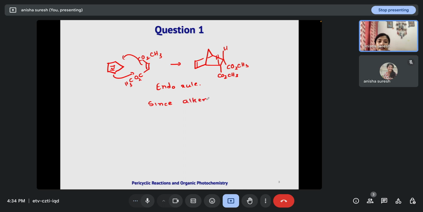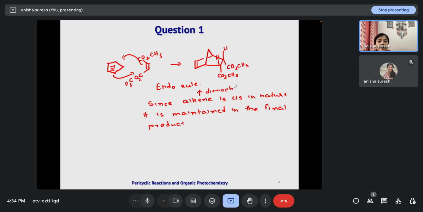So here the endo rule is followed, and since the alkene or the dienophile is cis in nature, it is maintained in the final product.